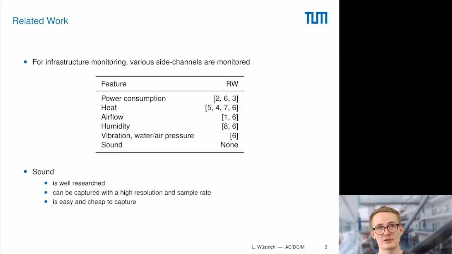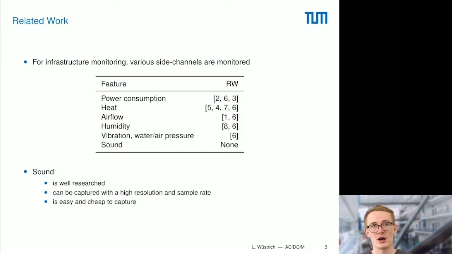Data center infrastructure monitoring can and often does include multiple side channels to measure the physical environment. The related work we identified also reflects this. The most commonly used side channels are power consumption and heat. However, some other related work also considers monitoring other physical features like airflow, humidity, and vibrations, for example, of server cabinets.